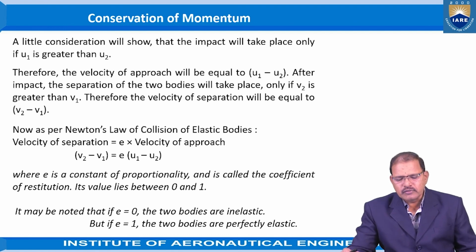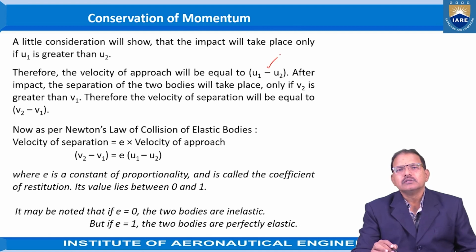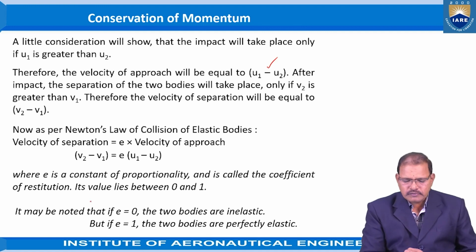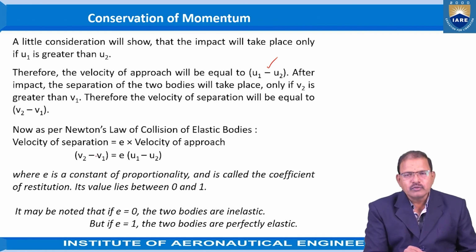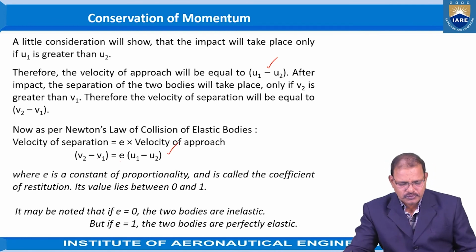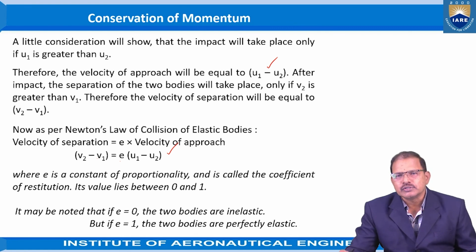A little consideration will show that the impact will take place only if u1 is greater than u2. So the velocity of approach is given by u1 minus u2. Similarly, the velocity of separation is given by v2 minus v1. As per Newton's law of collision of elastic bodies, v2 minus v1 is equal to e into u1 minus u2, where e is a constant of proportionality, generally called the coefficient of restitution.